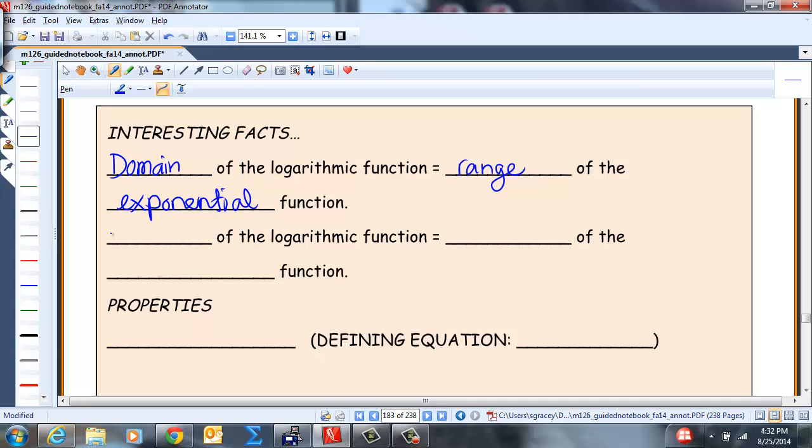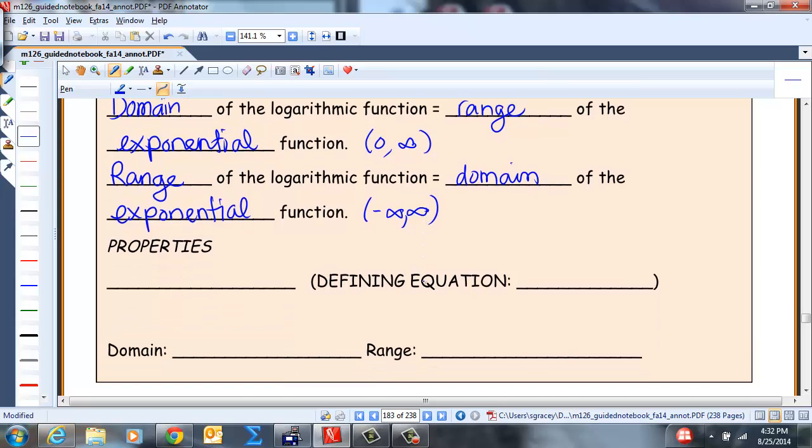And the range of the logarithmic function equals the domain of the exponential function. So just to remind you guys here, the domain of the logarithmic function went from 0 to infinity, non-inclusive. And the range of the logarithmic function, which is what we graphed in our warm-up, was all real numbers.